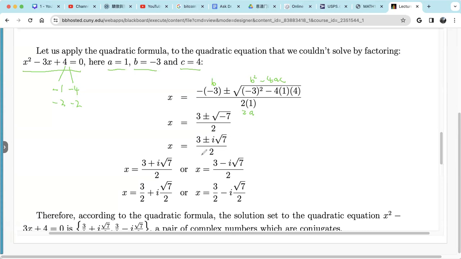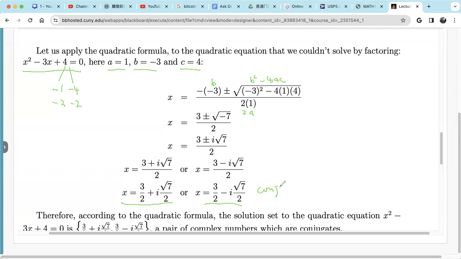Okay, then this gives us two solutions: 3 plus i square root of 7 divided by 2, or 3 minus i square root of 7 divided by 2. So usually we write it in a plus bi form. We call those two conjugates, because they differ only by the sign.